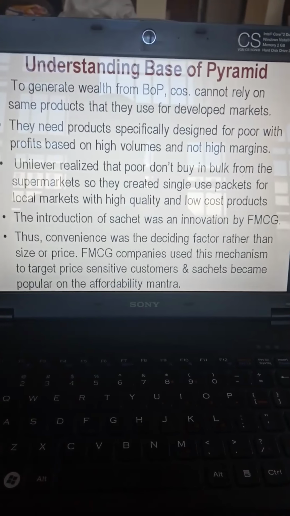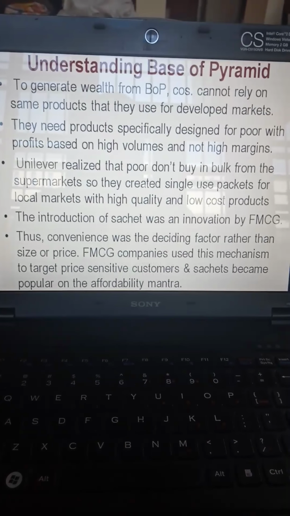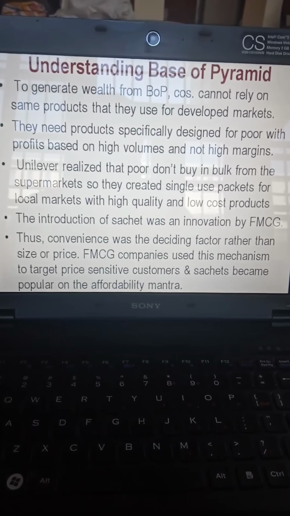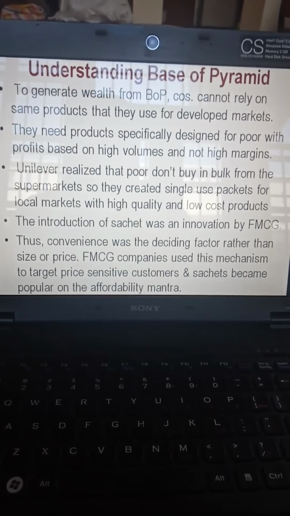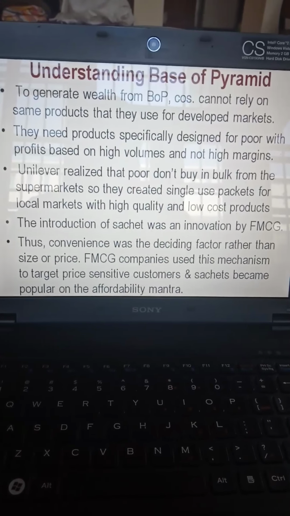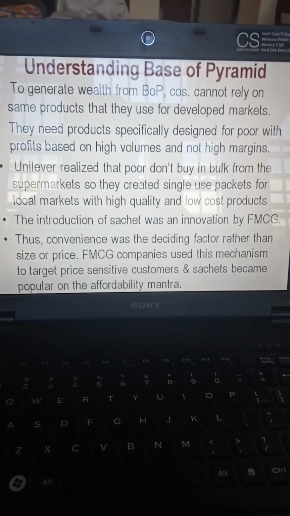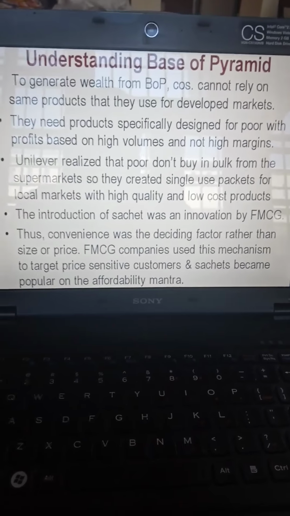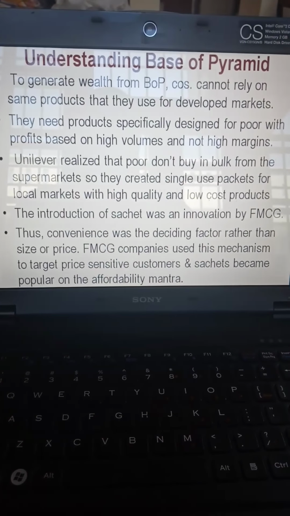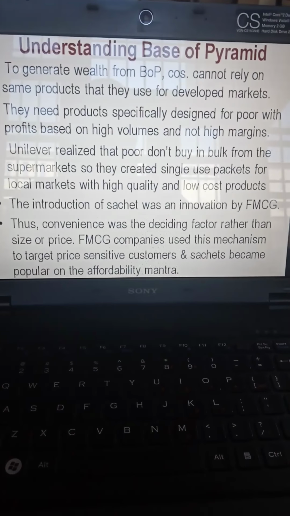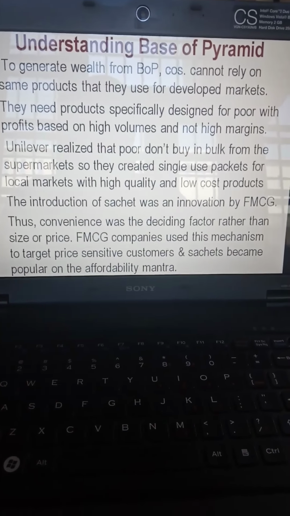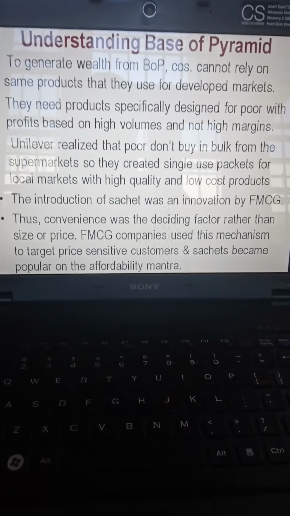So the concept started that the companies introduced sachets in the FMCG sector, where poor people who wanted to buy a Dove shampoo or L'Oreal or other bigger products which were otherwise very expensive could, for 2 rupees, enjoy the same as the other people in the world would enjoy. So this was how the basics of the pyramid started.